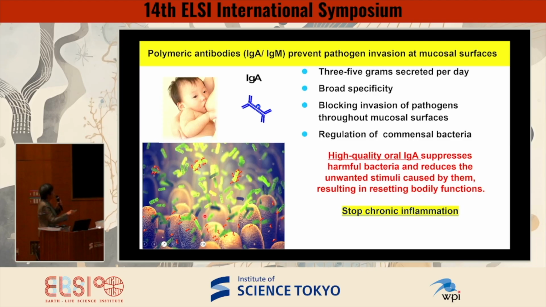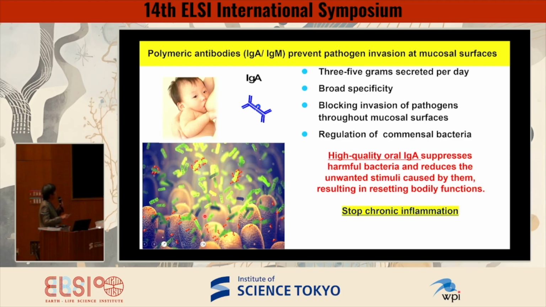Three to five grams of IgA protein are secreted per day from an adult gut. This antibody does not have one-to-one specificity. It can recognize targets in a polyreactive manner, so it has a broad specificity. I would like to show later that one monoclonal IgA can target several different pathogenic bacteria.